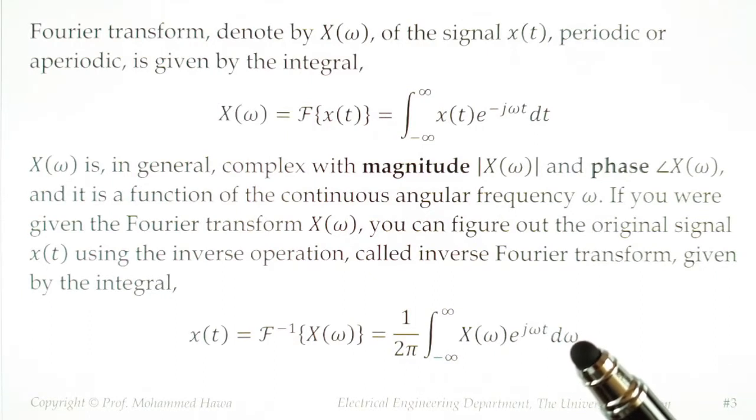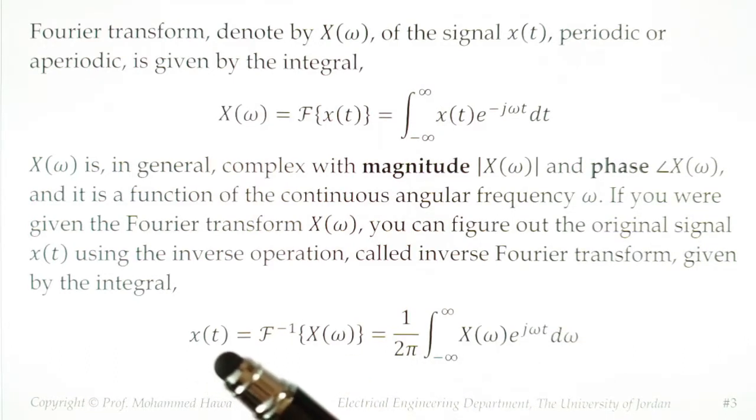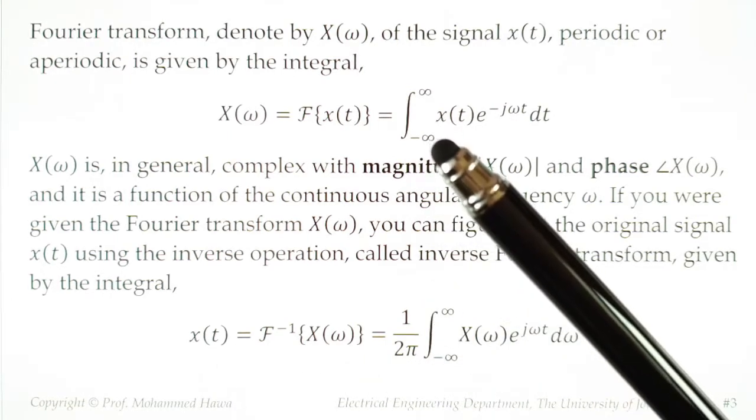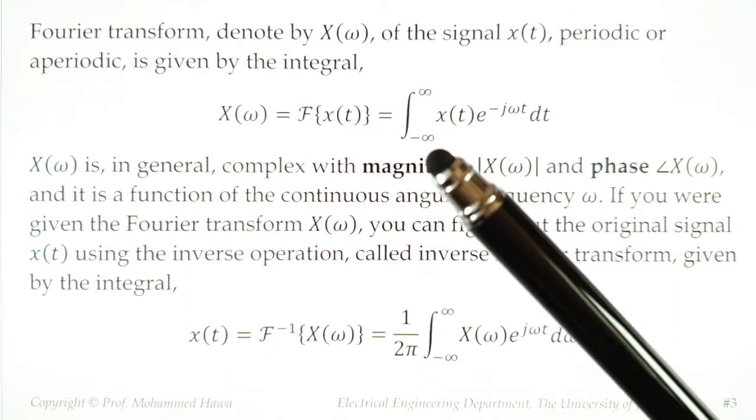And because you're integrating with respect to omega, omega will disappear from here and you're left with time domain t. You get back your original time domain signal x of t. Please don't forget to divide by 2 pi here, unlike this integral which is not divided by 2 pi.